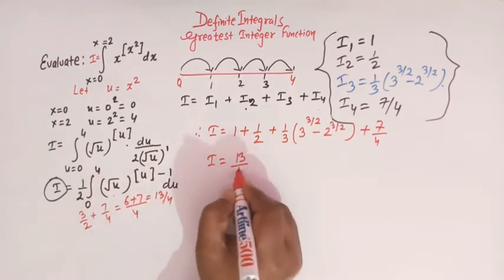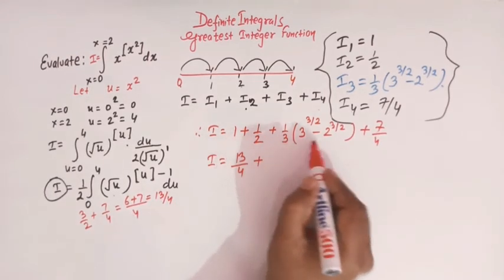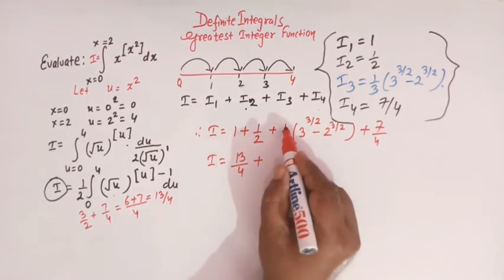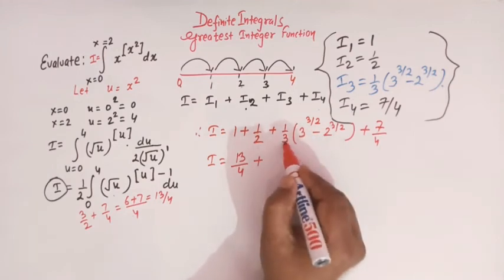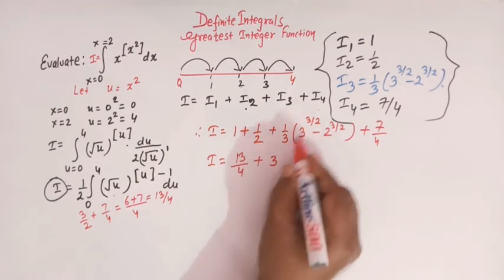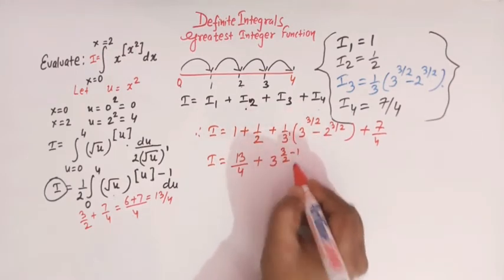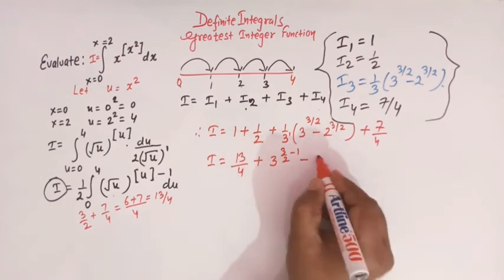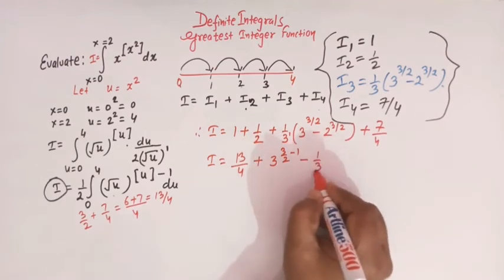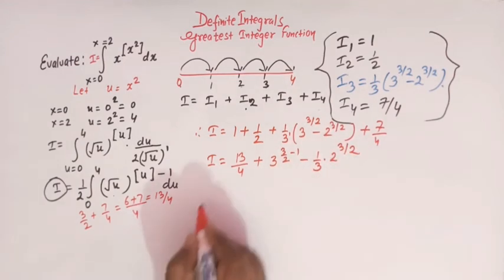So here we have 13 over 4 plus we can multiply these two terms by 1 over 3, so we have 3 raised to 3 over 2, here the power is 1, so we have minus 1 minus 1 over 3 times 2 raised to 3 over 2, right?